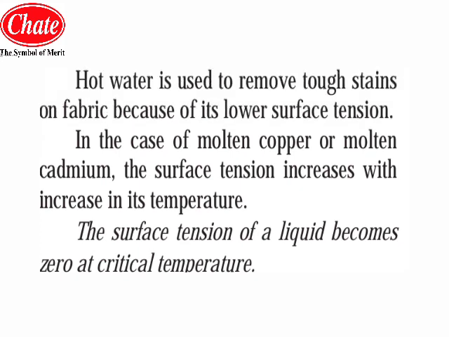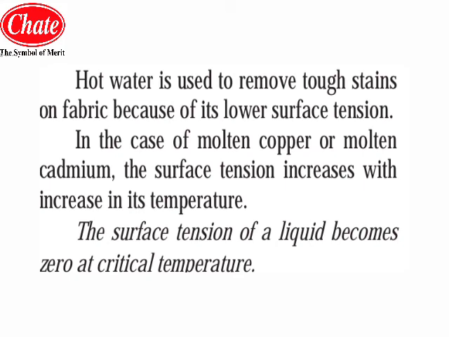Now we will see one more point about the effect of temperature on surface tension. Hot water is used to remove tough stains on fabric because of its lower surface tension. As the surface tension goes on decreasing, the water comes in contact with the cloth very smoothly, so the stains are removed easily. In the case of molten copper or molten cadmium, the surface tension increases with the increase in temperature.